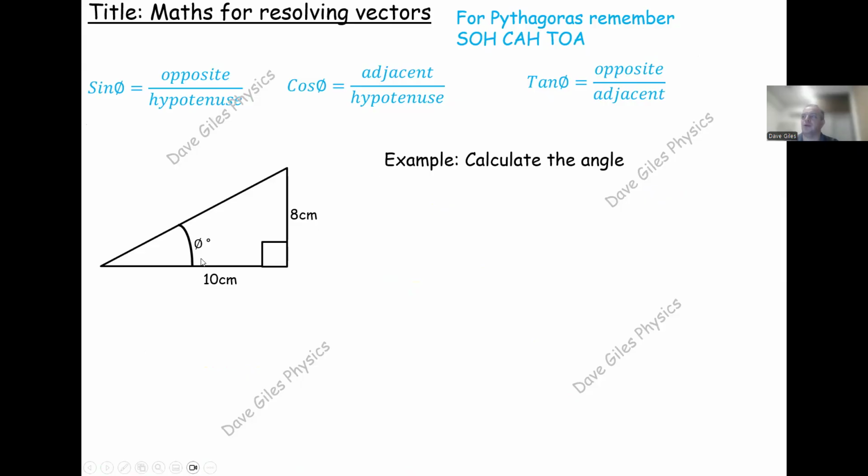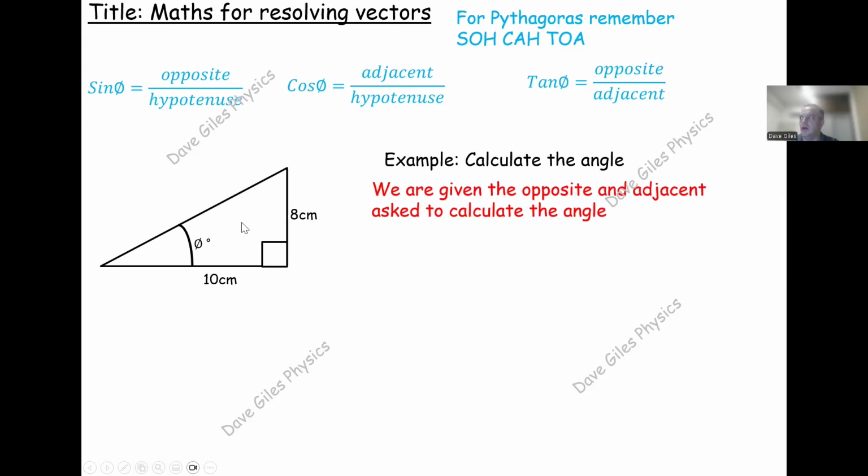This one's a little bit different. We're now being asked to calculate the angle. We're given the opposite and adjacent, asked to calculate the angle. So opposite and adjacent means we're going to use tan.